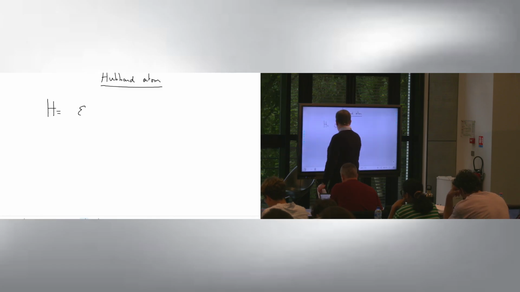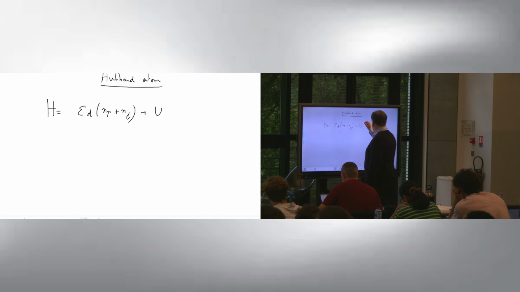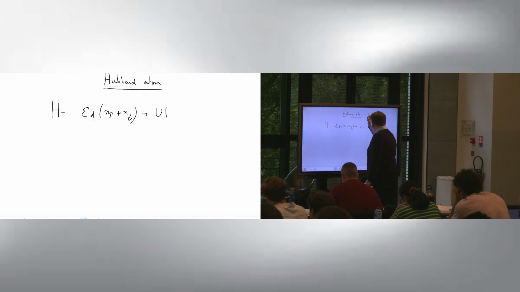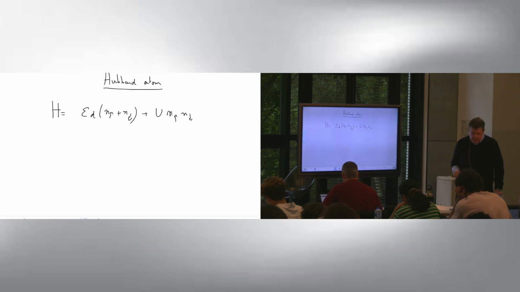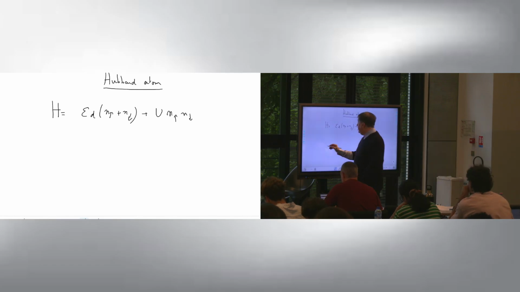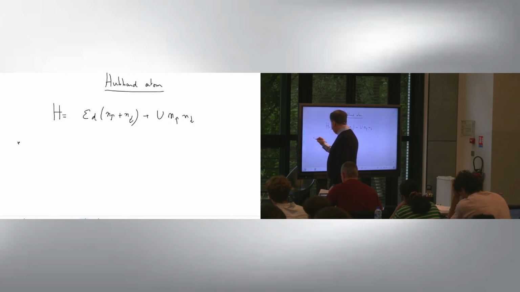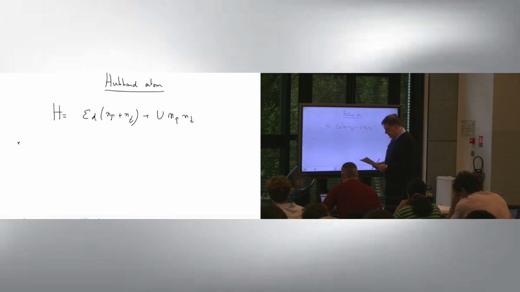Hamiltonian equals epsilon_d times (n_up plus n_down) plus U n_up n_down. There's no mu n because it's absorbed in epsilon_d. I rename the chemical potential as epsilon_d. This is a very simple problem, which is in fact very useful when you try to understand impurity systems. This is a piece of an impurity system.